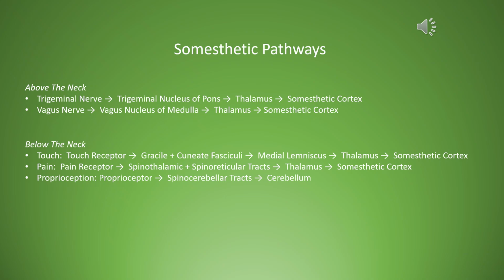So it's a 3-neuron pathway. If it is pain that involves tissue destruction. So this is a difference between ouch and ouch followed by several cuss words. If it is pain that involves tissue destruction, then our pathway is spino-reticular. So just ordinary pain, spinothalamic pathway.